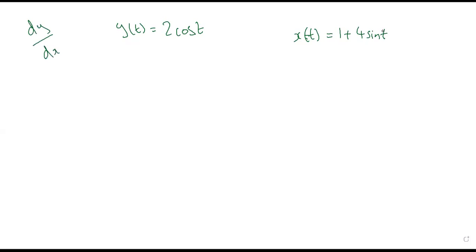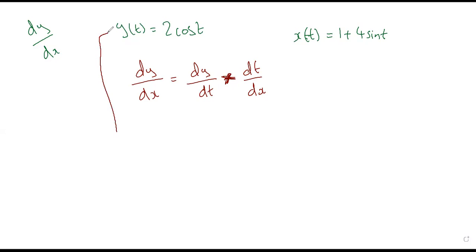Okay, so you are to find dy by dx, and this was the chain rule. Dy by dx is dy by dt into dt by dx, right? This is what you already knew. This is the chain rule, nothing different.